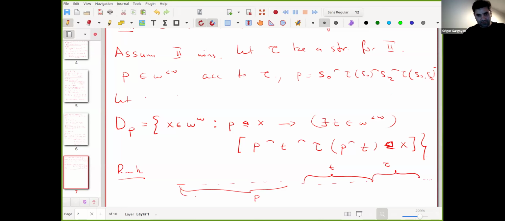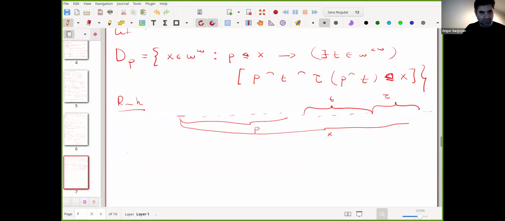So this is your x. So this is dense open. Let's not prove these things. So D_P is dense open.